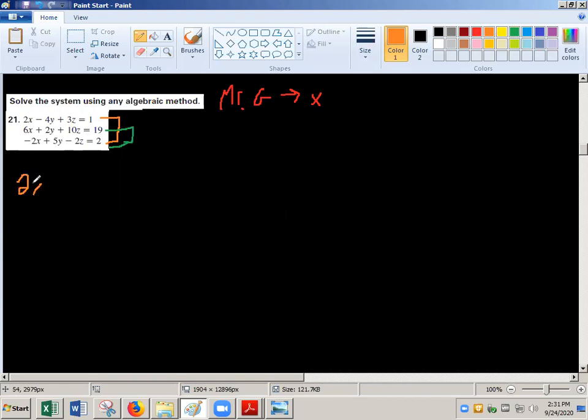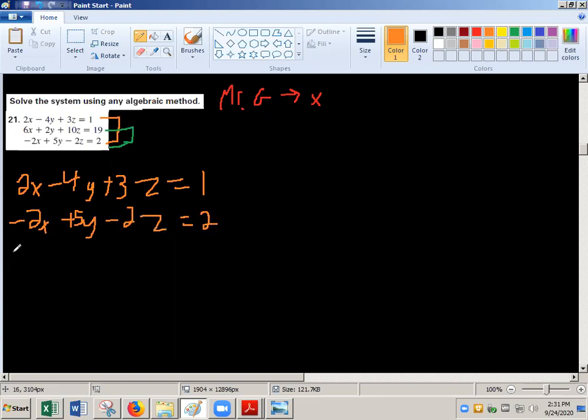So I've got 2x minus 4y plus 3z equal to 1. Now here I have negative 2x plus 5y minus 2z equals 2.